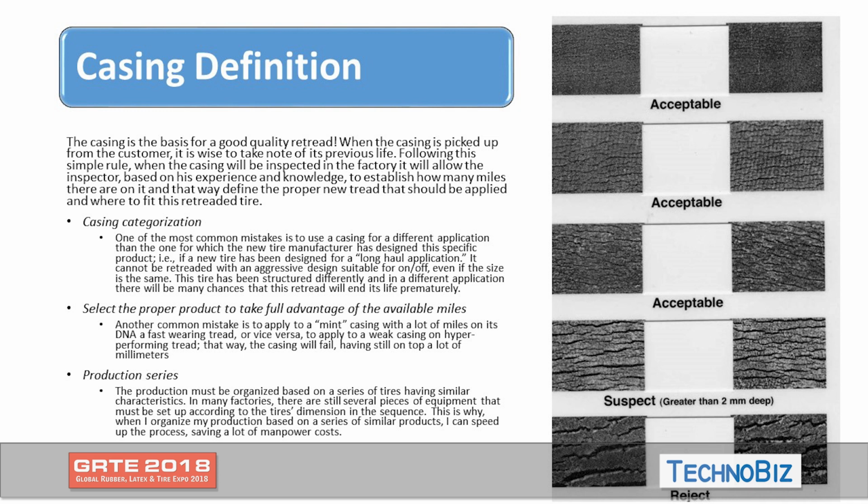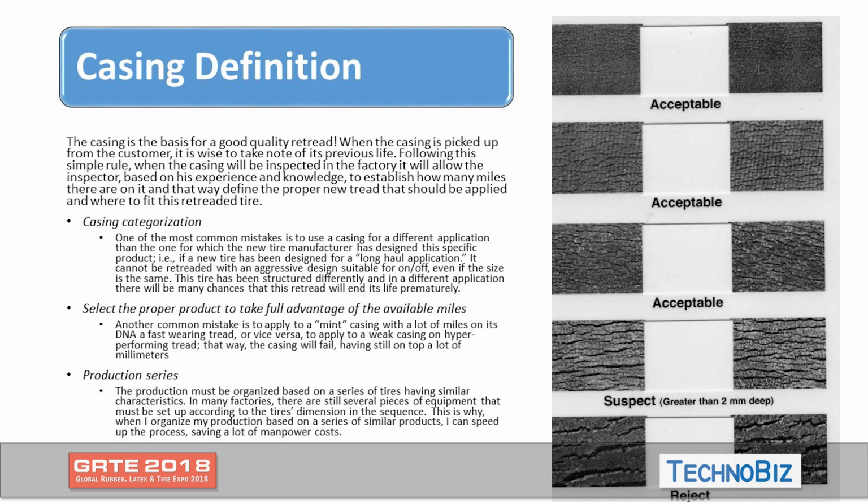This means that if I find a casing that was supposed to be for a long haul application, I cannot use this casing in an off-road application, because it must be a more robust casing to work in this type of application. So we need to understand these fundamental things.